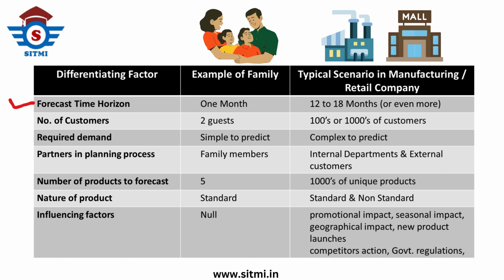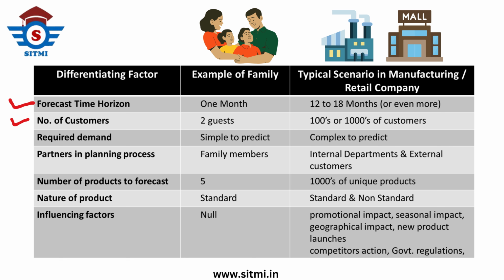In our example, the time horizon is only next month. But in companies like retail or manufacturing companies, demand planners typically have to do demand planning for the next 12 or even 18 or even 24 months in the future. So it is more complex than the above example.